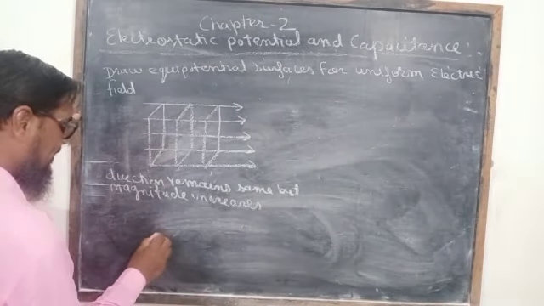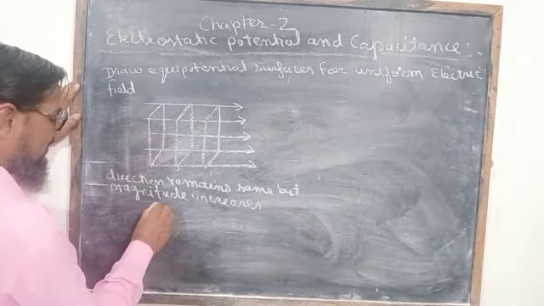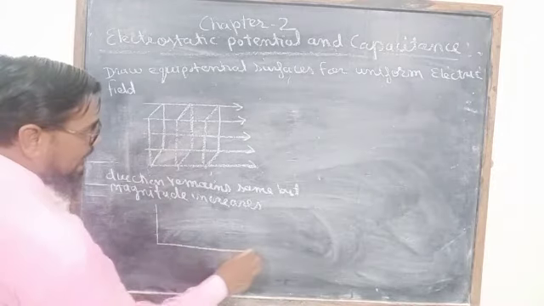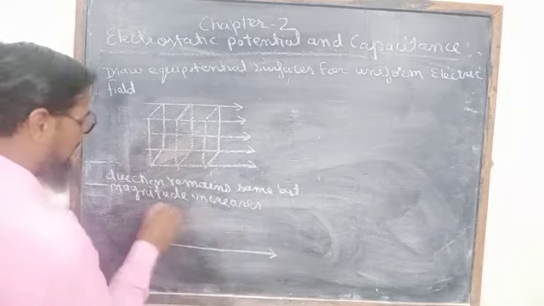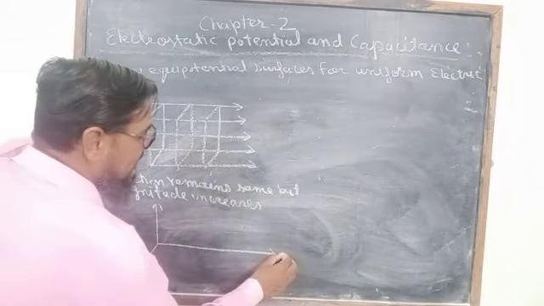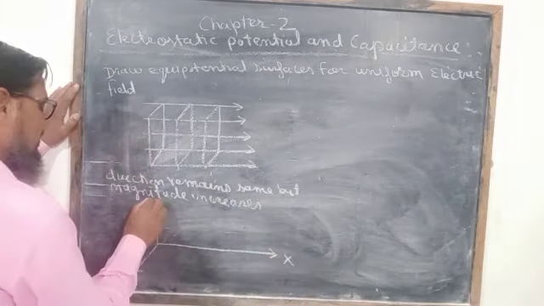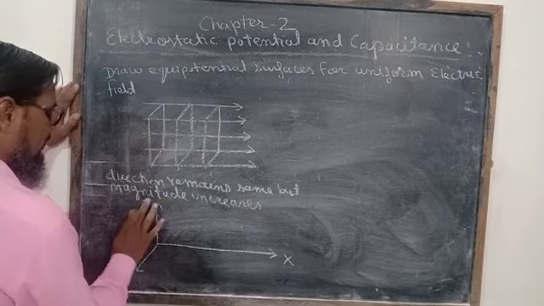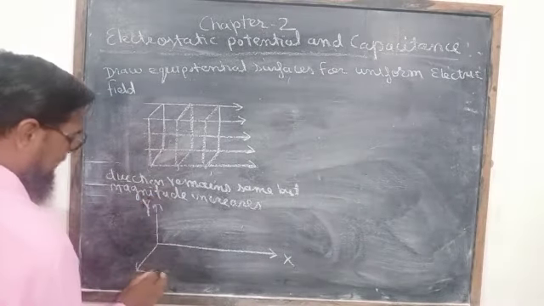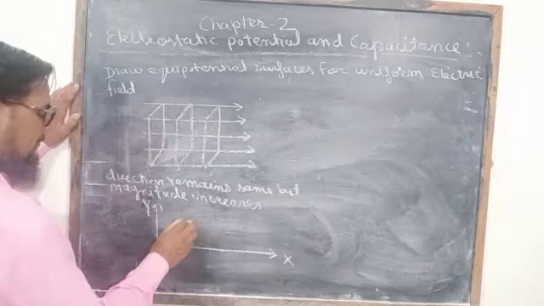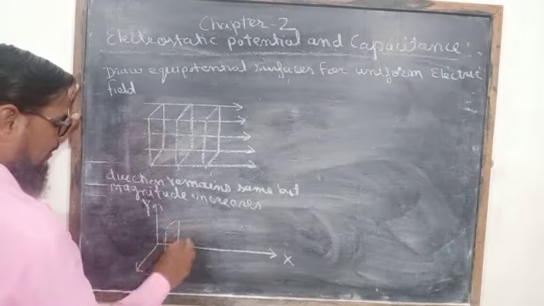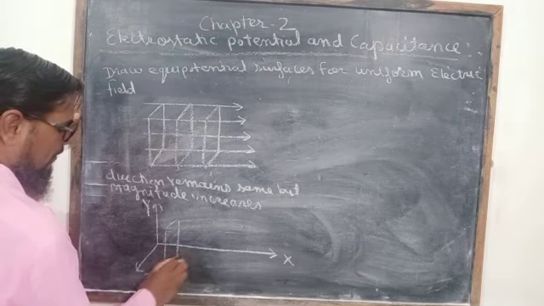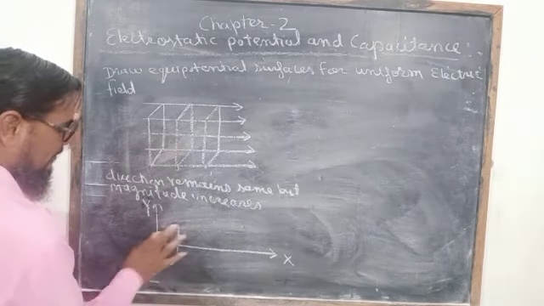Then in this case, for the equipotential surfaces, we can see that along the x-axis the direction is the same, but the equipotential surfaces, this is the x-axis, this is the y-axis, and this is the z-axis. Then equipotential surfaces are just like this.